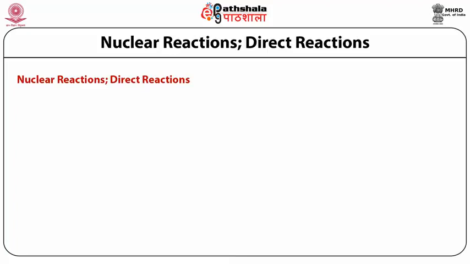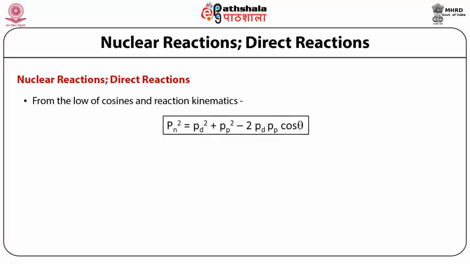Now in this slide we will continue our discussion about direct reactions, and we are going to study the mathematical formulation used in the case of direct reactions. From the law of cosines and reaction kinematics, Pn square is equal to Pd square plus Pp square minus 2 PdPp cos theta.